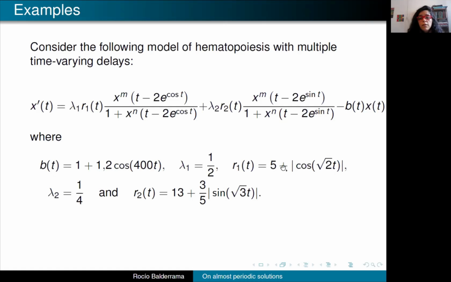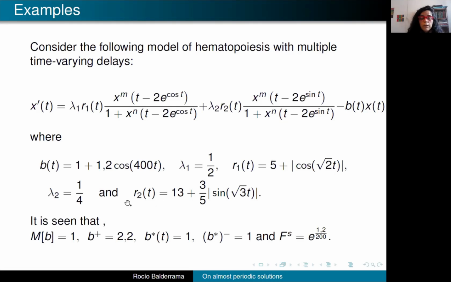These are the constants, and this is the almost periodic function R1 and R2. And we can see that this selection of parameters and functions satisfies all the assumptions of the theorem.